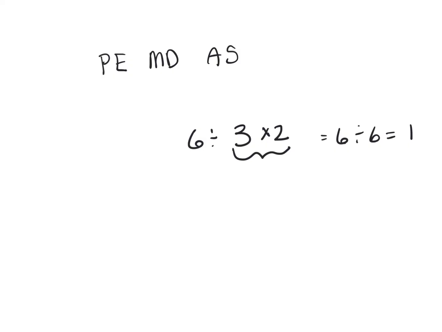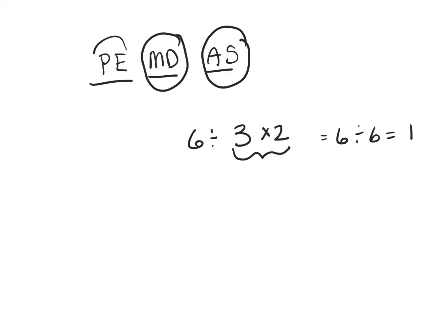That is not true. These guys are lined up like this because multiplication and division are on the same level. Addition and subtraction come last, but they come on the same level from left to right, and this is for parentheses and exponents. So the correct way to do this is left to right, because multiplication and division are on the same level.